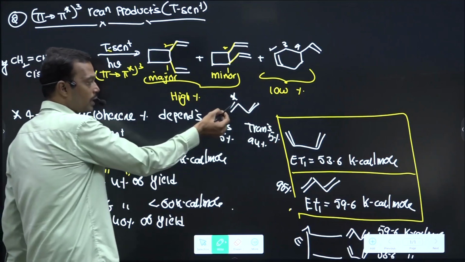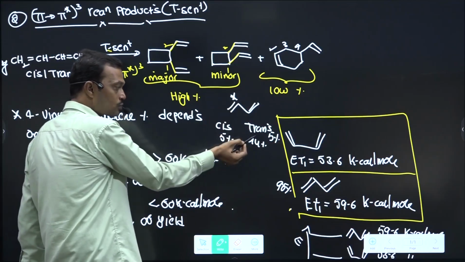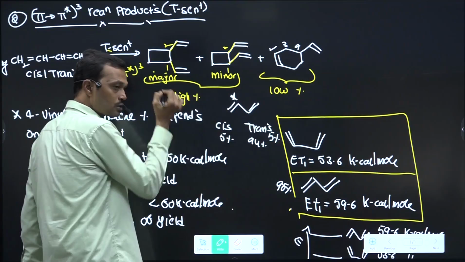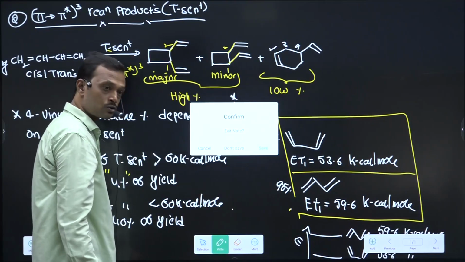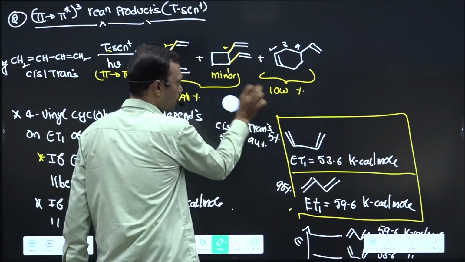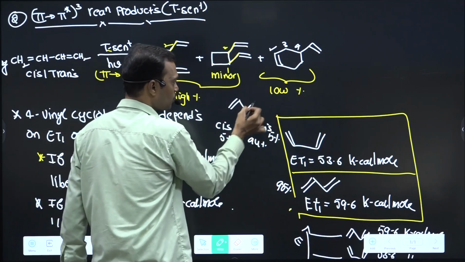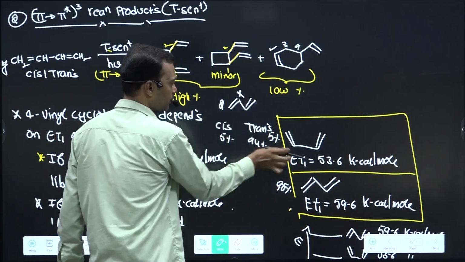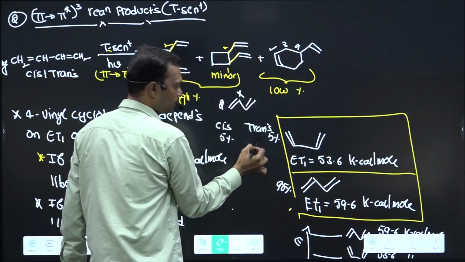So activated trans combines with ground state trans or ground state cis? Ground state trans. Suppose 2 trans molecules are activated, then what is the percentage here? 93.